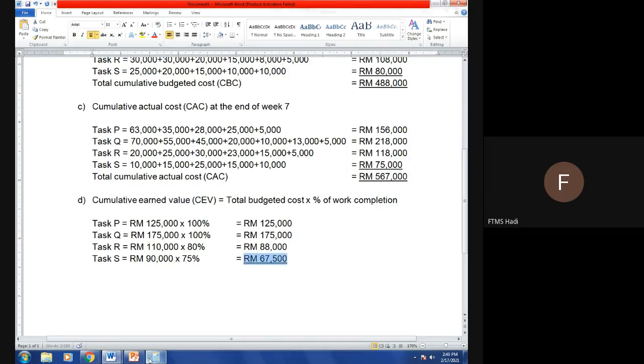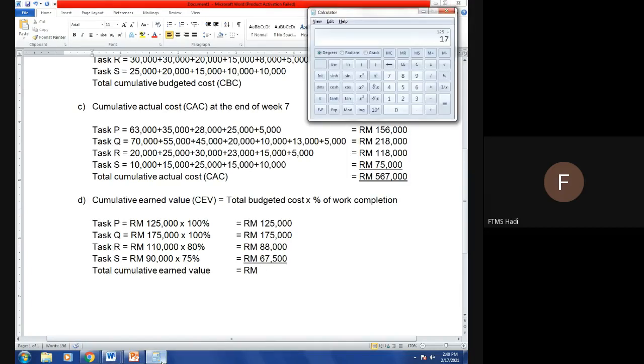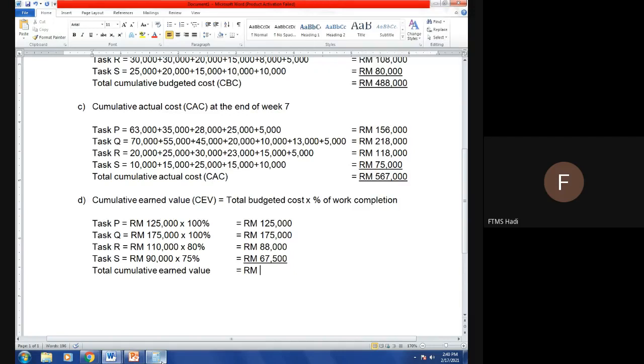So, total cumulative earned value: if you press the calculator, you will get 125 plus 175 plus 88 plus 67.5, 455,500. So this is how you get the answer.